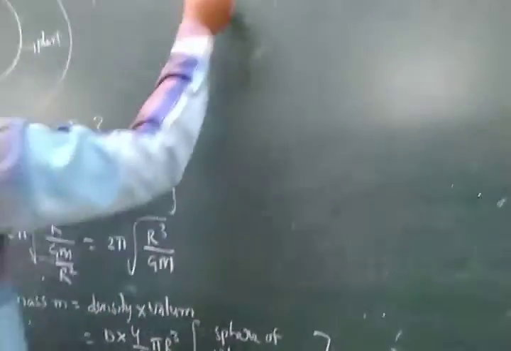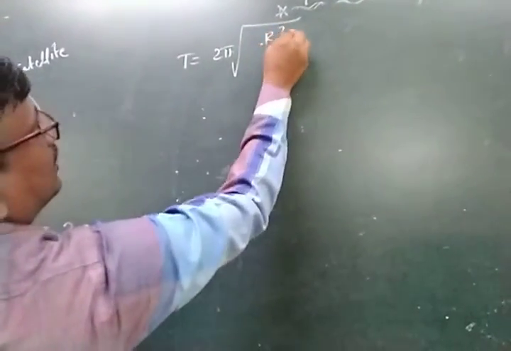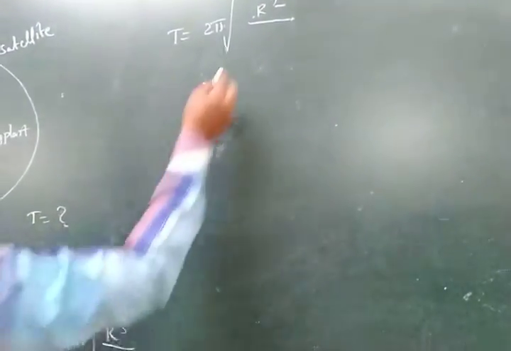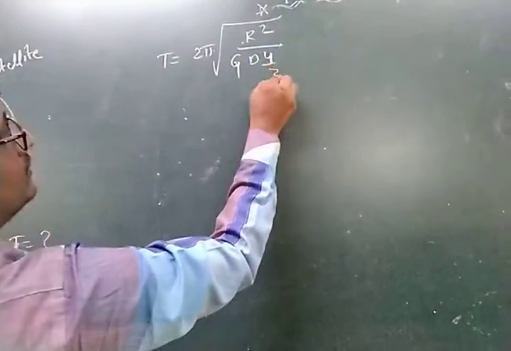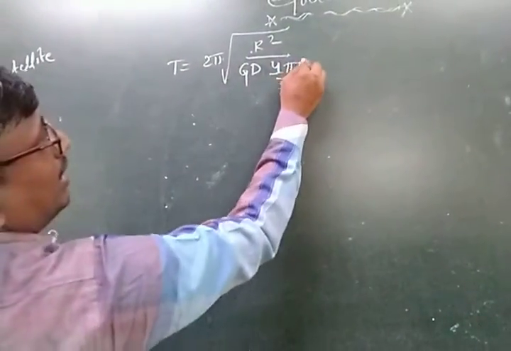The time T is equal to 2 pi into the square root of R cube by G into D into 4 by 3 pi R cube.